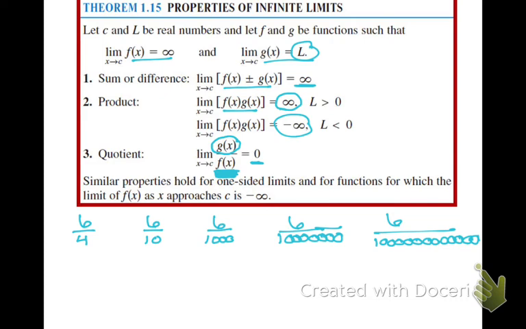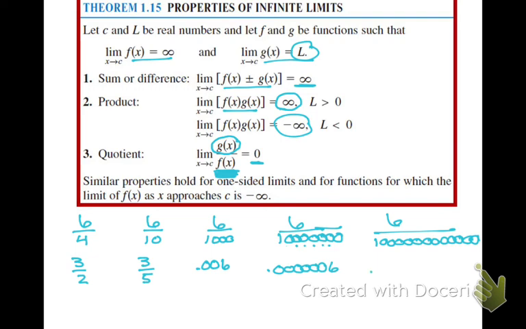Okay, 6 divided by 4 is what? 3 halves. Then I get 3 fifths. We're just going to go to decimals now. I get 0.006, and I get point, how many zeros? 6.